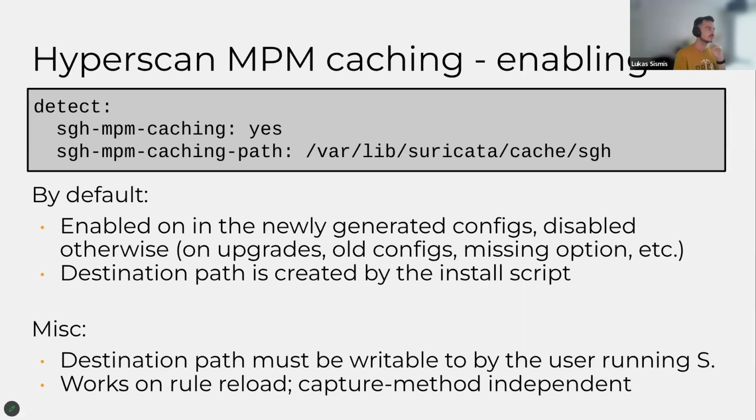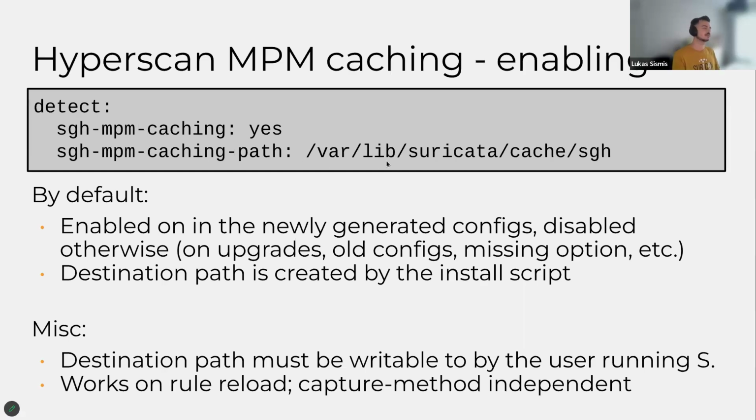For Hyperscan, we also introduced the caching mechanism, which saves the preloaded Hyperscan files to disk. You can enable it in the detect part of the suricata.yaml. Generally, it will store in one of the installation locations.